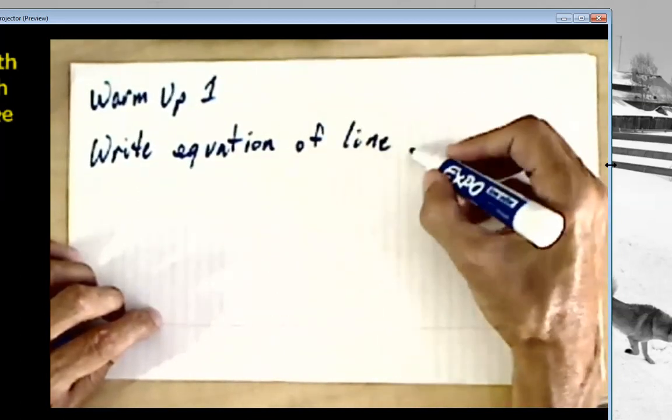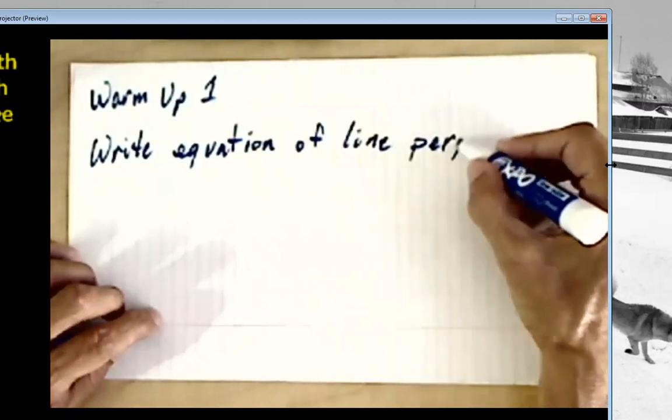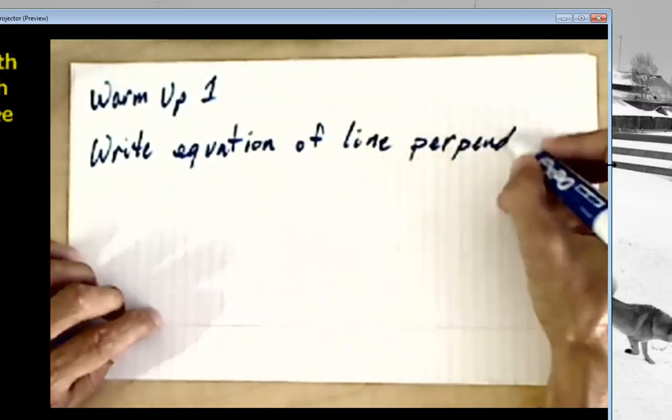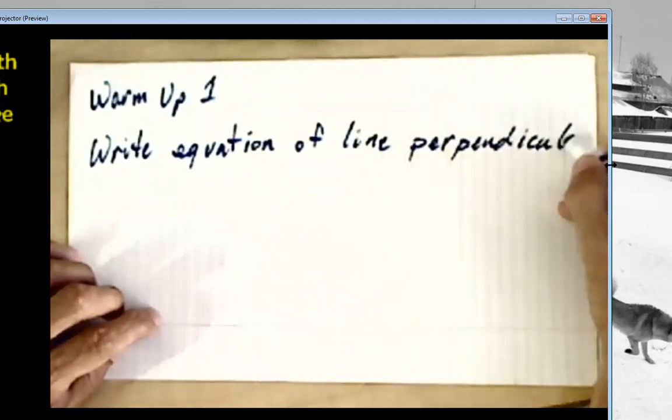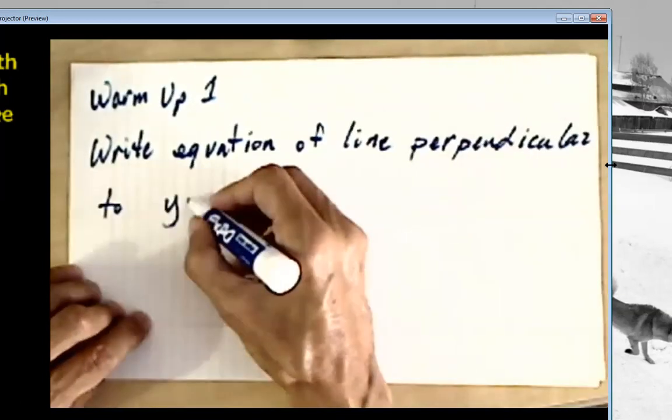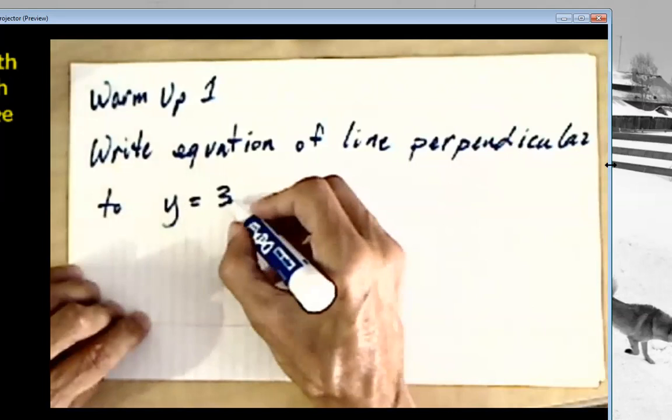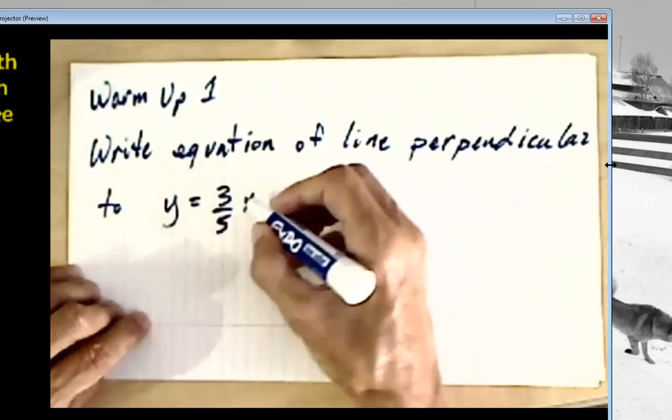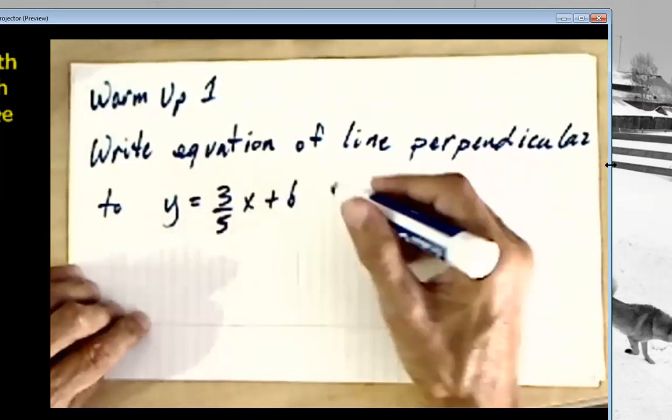Of a line that is perpendicular to this line here. Y is equal to 3 over 5x plus 6.